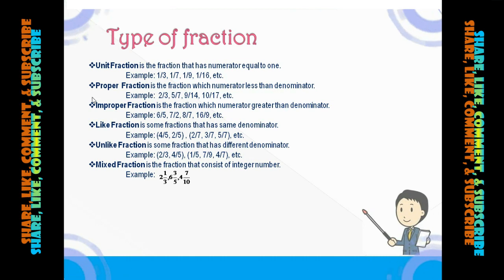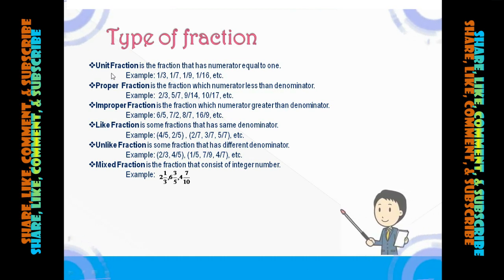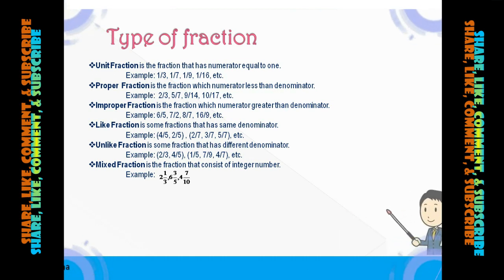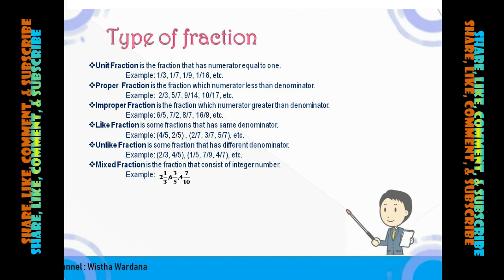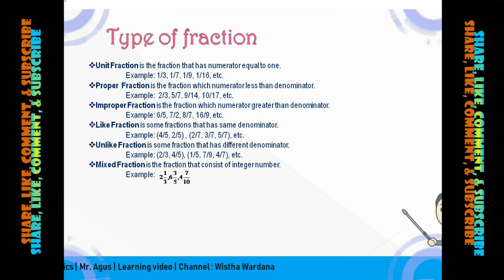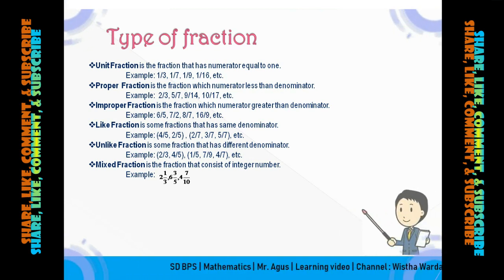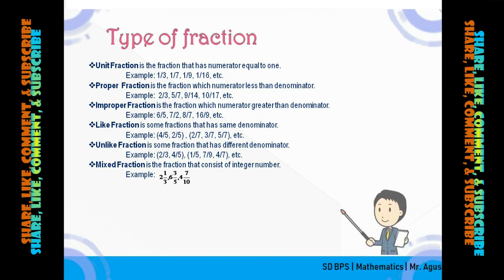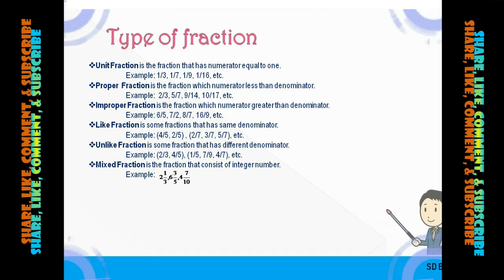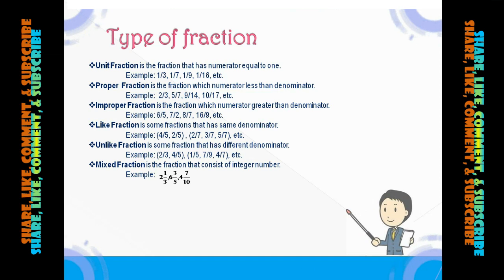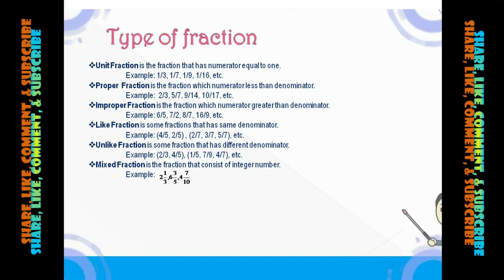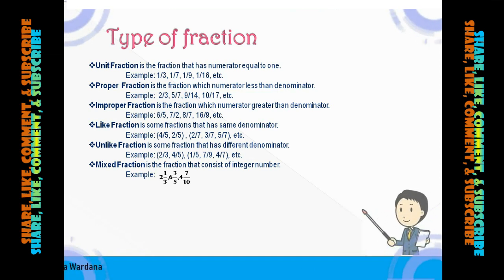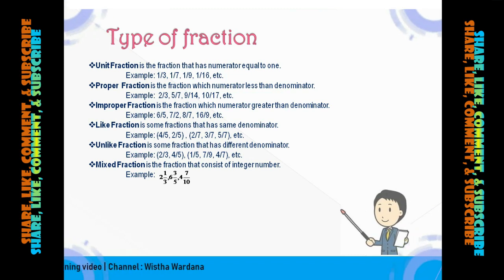The first one is unit fraction. Unit fraction is a fraction that has a numerator equal to 1. So if you get any fraction that has 1 as its numerator, the fraction given is a unit fraction.